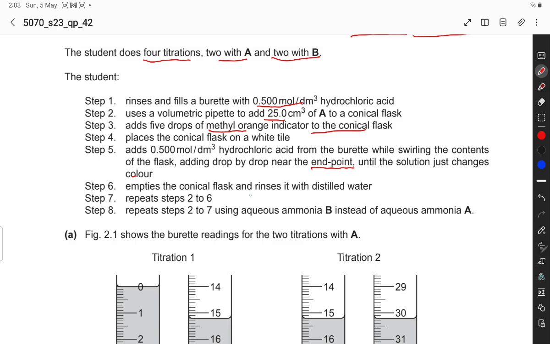Step 6, empty the conical flask and rinse it with distilled water. Always rinse the conical flask with distilled water. Step 7, repeat steps 2 to 6 using aqueous ammonia B instead of A. There are two samples in this experiment, sample A and sample B. Both are ammonia.